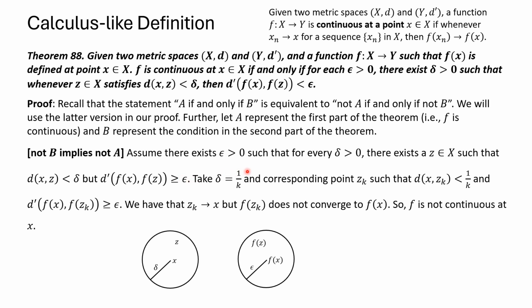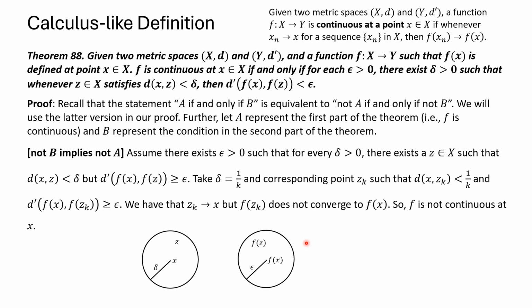So the way we use this to prove that the function's not continuous based on this definition, we've seen a variation of this technique, where we create a sequence. Since this says for every delta greater than 0, let's take delta 1 over k and then pick a corresponding z sub k such that the distance between x and z sub k is less than 1 over k, but the distance between f of x and f of z sub k is outside of the ball.